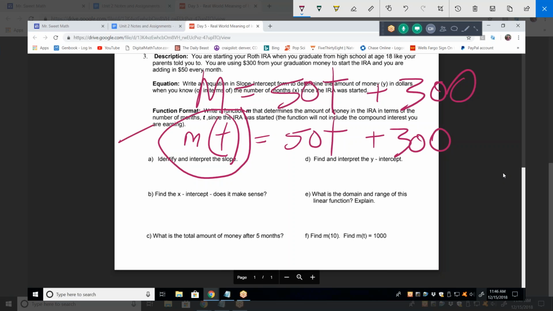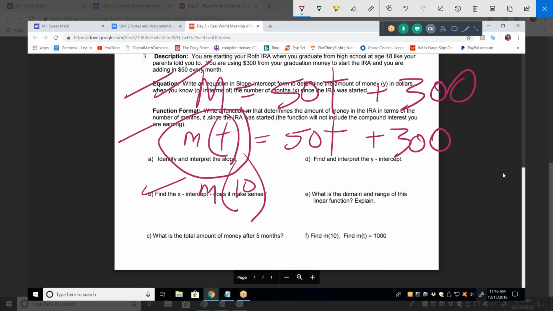And that is better than that because you can say, okay, what is M after 10 months? So this is more powerful notation. It allows you to evaluate the function at a given number of t. I don't have any way of writing that.